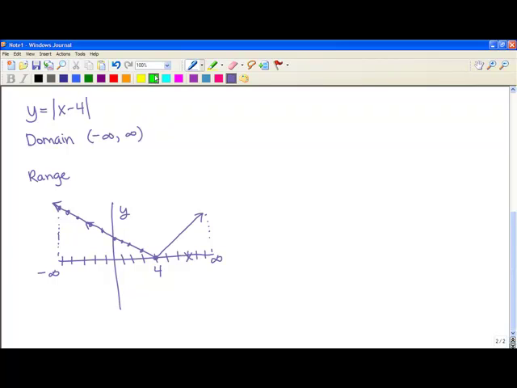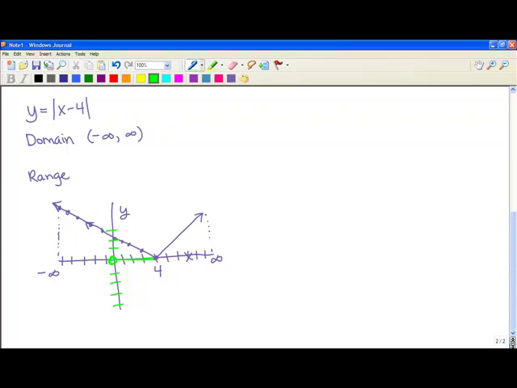Now let's look at the range. For the range, we look at the y-axis. And at the bottom of the y-axis, there is not a function until we get up to here. The function starts at the value 0 on the y-axis. And the function continues to go up in both directions.